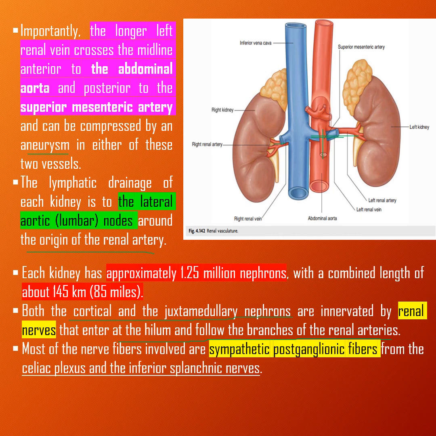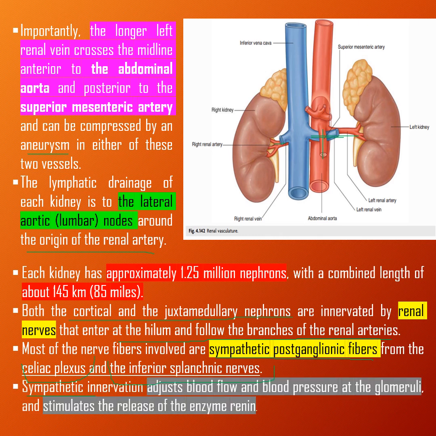Most of the nerve fibers involved are sympathetic postganglionic fibers from the celiac plexus and the inferior splanchnic nerves.